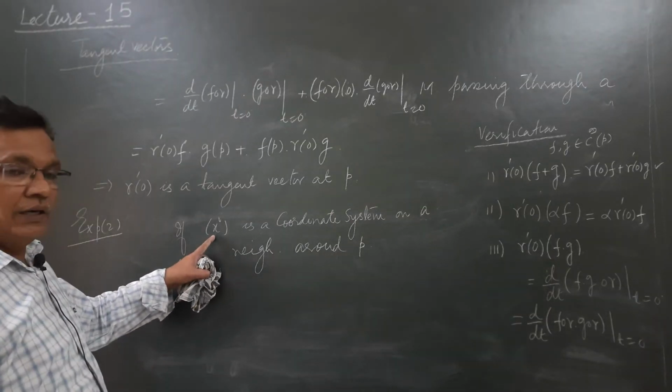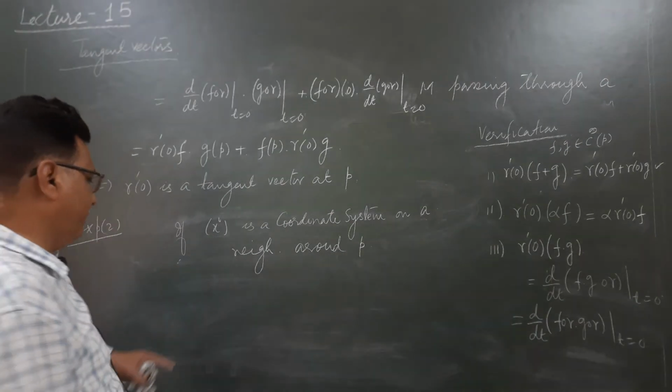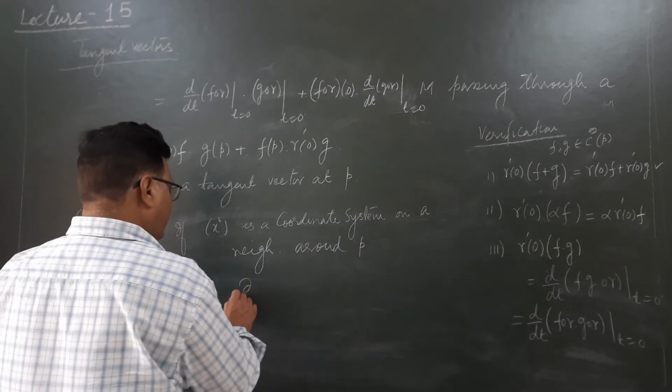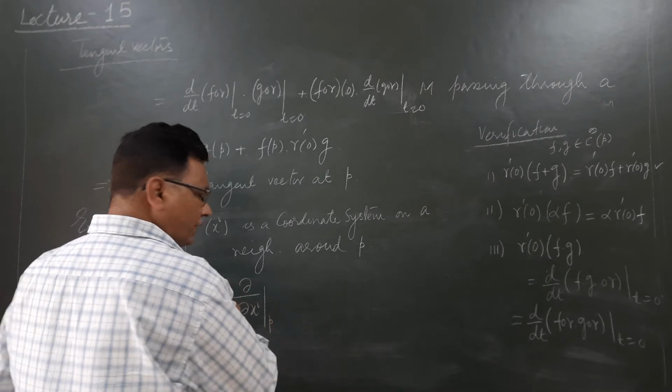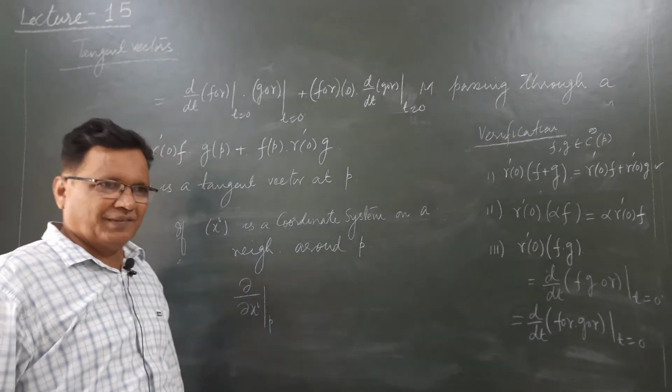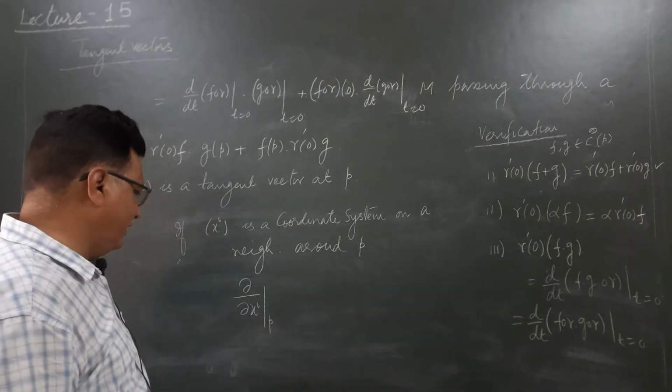If xi are coordinates around a point P, then we defined what we mean by del upon del xi at P. We have probably defined this. And how did we define it?